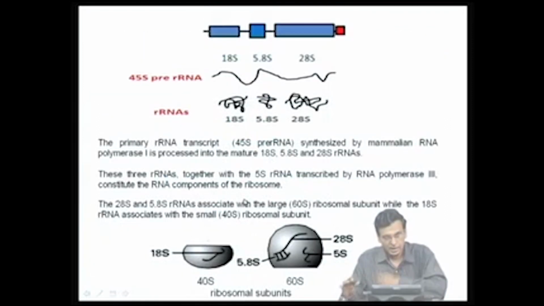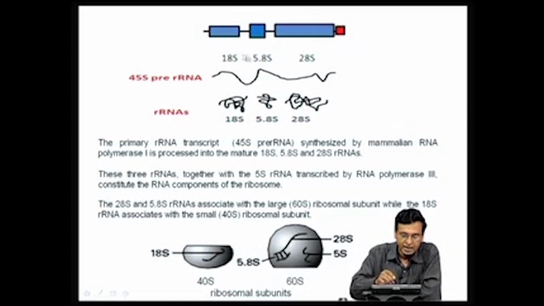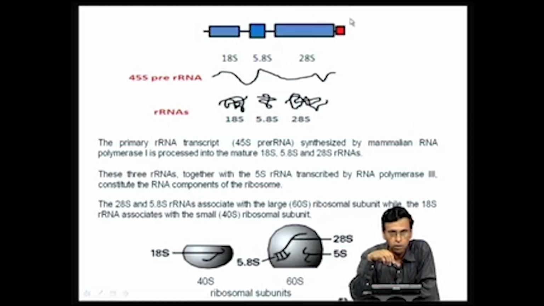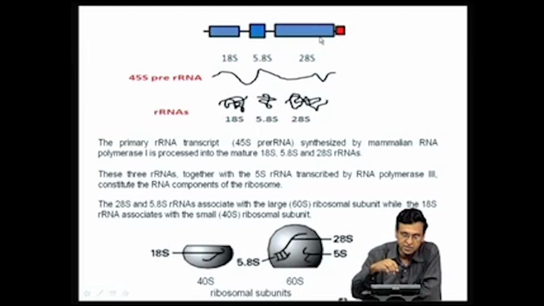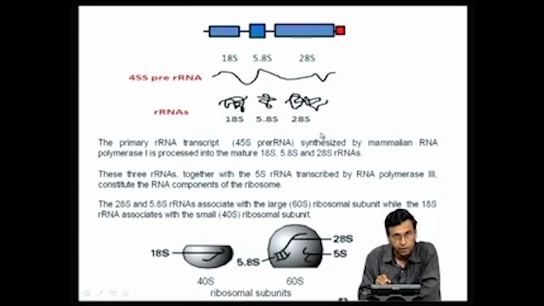Now, as I said, this is the coding region or the transcribed region of the rDNA unit, which contains genes that code for the 18S rRNA, 5.8S rRNA and 28S rRNA, and all these three are transcribed as a precursor molecule called the 45S pre-ribosomal RNA, and this 45S pre-ribosomal RNA is then cleaved to get the three individual rRNAs, namely the 18S rRNA, 5.8S rRNA and the 28S rRNA.